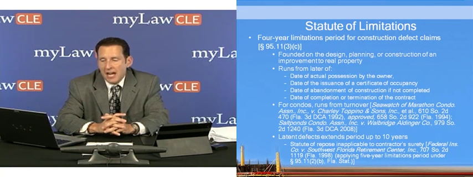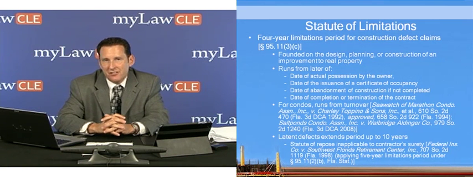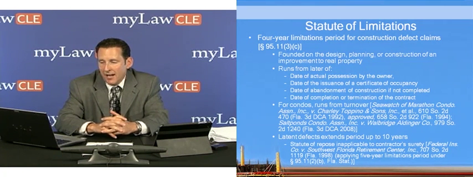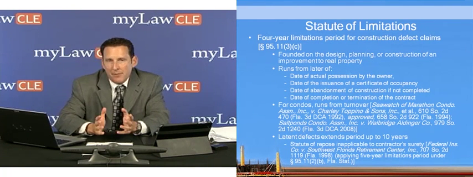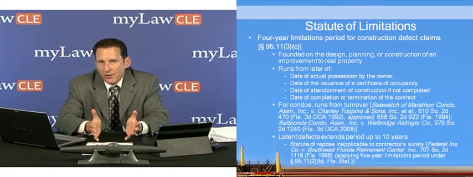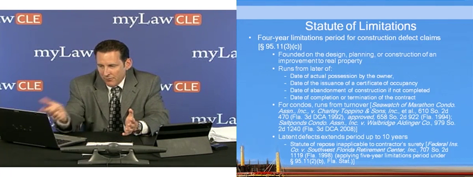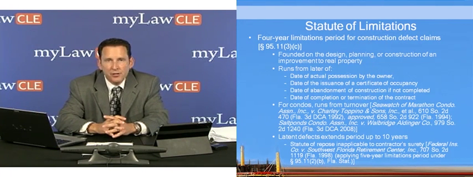Latent defects under the statute, you have up to 10 years. They refer to that as the statute of repose, and I remember way back when I first started practicing civil practice in construction, the statute of repose used to be 15 years. But at some point they shortened that to 10. And really what that means is you've got 4 years from the later of those dates that I talked about for a construction claim.